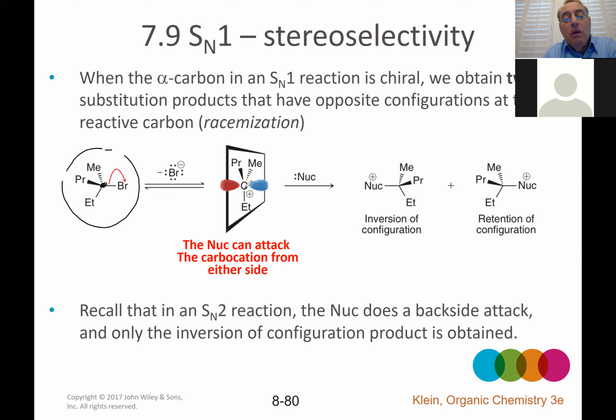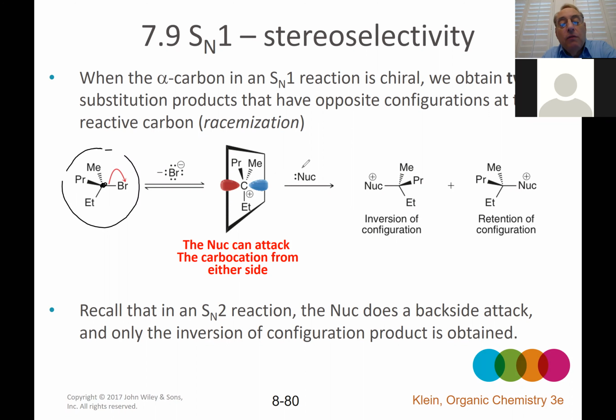Well, the carbon of this carbocation has a steric number of 3, so it's trigonal planar. It uses sp2 hybrid orbitals to form the bonds to the 3 groups. And it has an empty p orbital. See, that's the p orbital, and that p orbital is perpendicular to the plane of the molecule. We're drawing it edgewise.